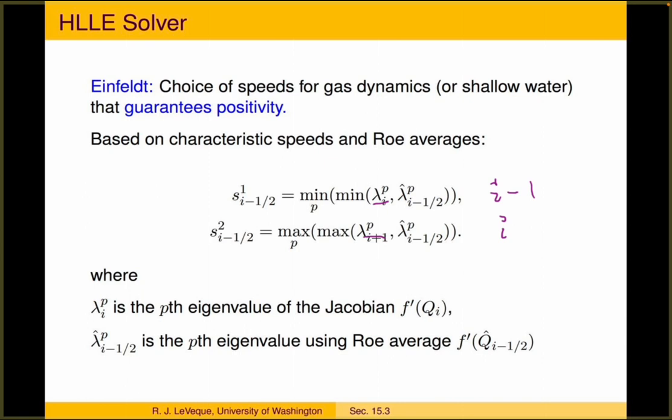For S2 we maximize over all families the true eigenvalue in the right state or the Roe eigenvalue. If we do this, then you can show that for gas dynamics and also for the shallow water equations, you get a solver that is guaranteed to remain positive and never has a negative density in gas dynamics or a negative depth in shallow water equations.